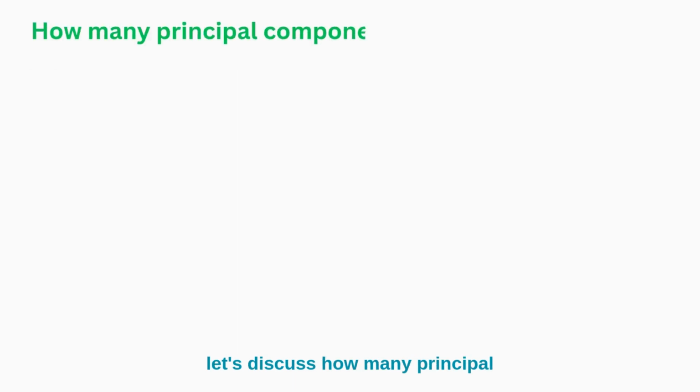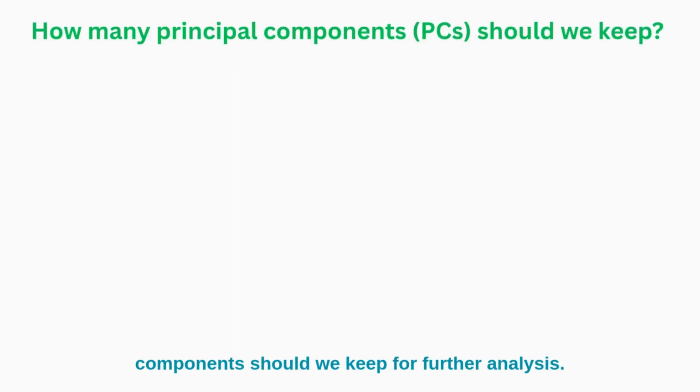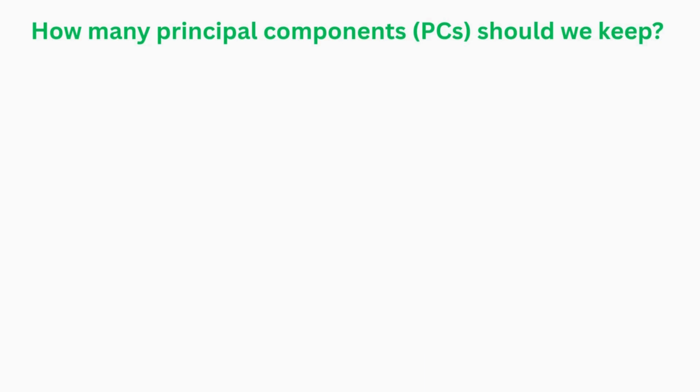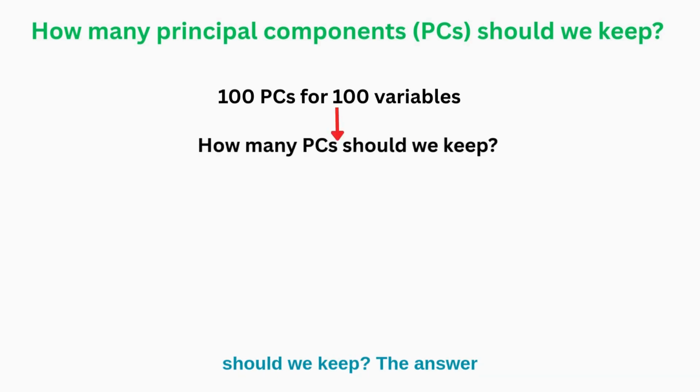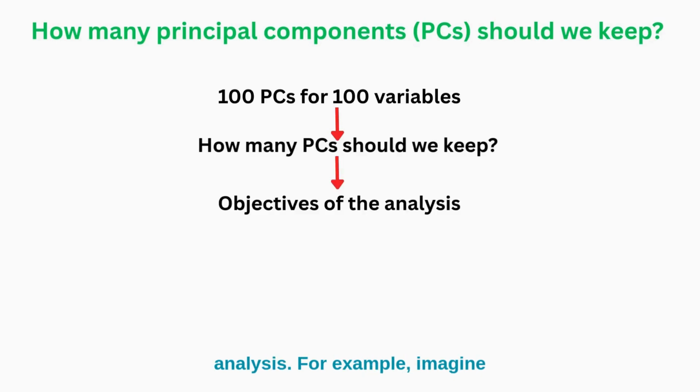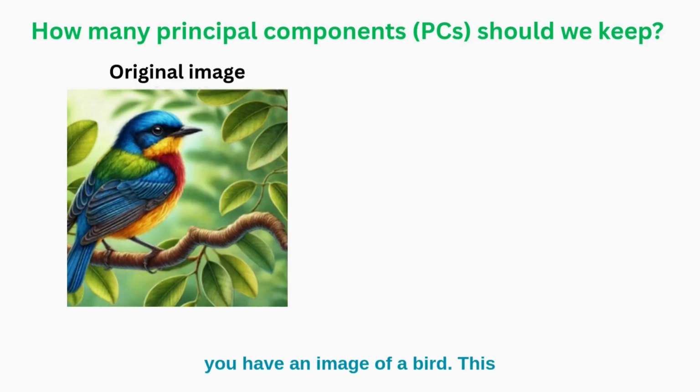Now let's discuss how many principal components we should keep for further analysis. Let's assume we have extracted 100 principal components for 100 variables. So the main question is how many principal components should we keep? The answer depends on the objectives of the analysis. For example, imagine you have an image of a bird.